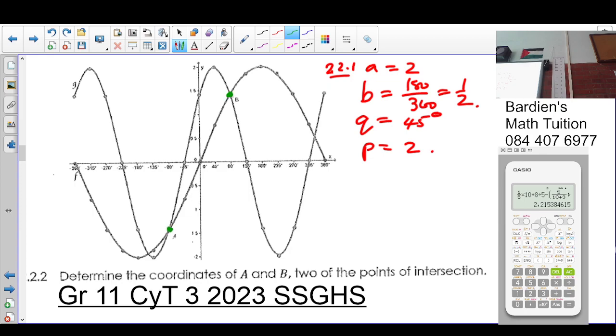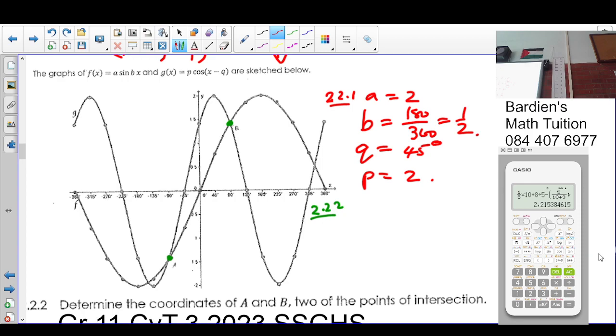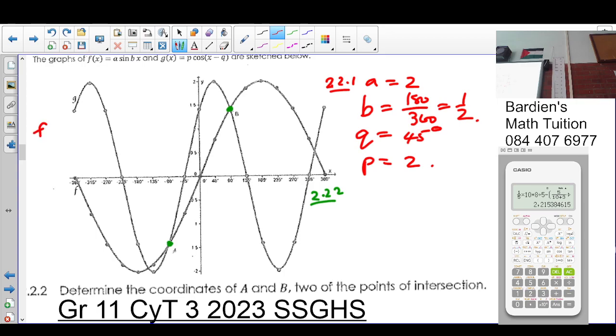Okay. For the points of intersection, we set the two graphs equal to each other. The one graph is f of x equals 2 sine of x, and g of x equals p cos x minus q.